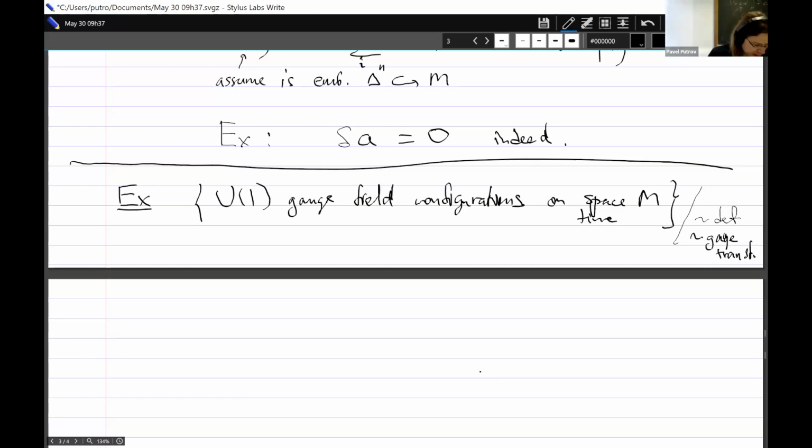Mathematically, this is the same as isomorphism classes of U(1) principal bundles.